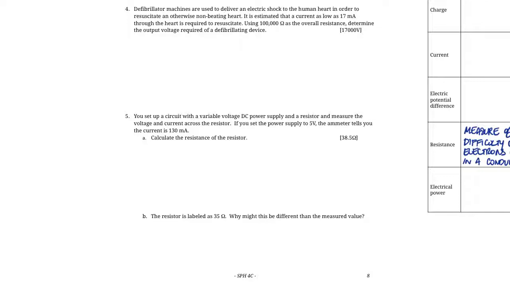So the key to these questions is to make sure that our units that we're using are the base units, right? So 17 milliamps, is that the base unit for current? It's not, right? We want to get that into amps first. This 100,000 ohms, we're okay there. Ohms is the base unit. But make sure you convert that amperage into amps instead of milliamps before doing this question.